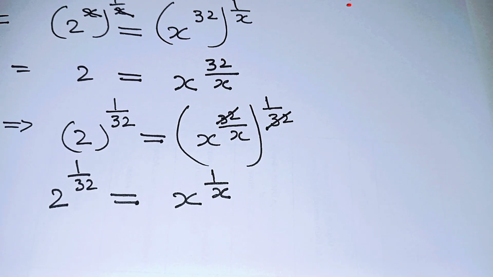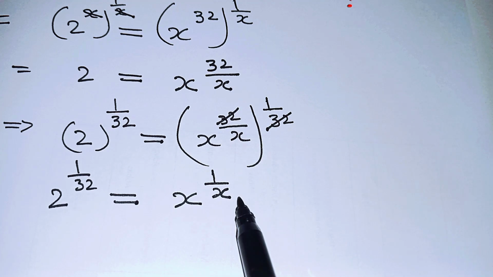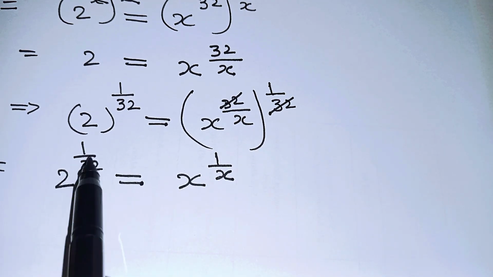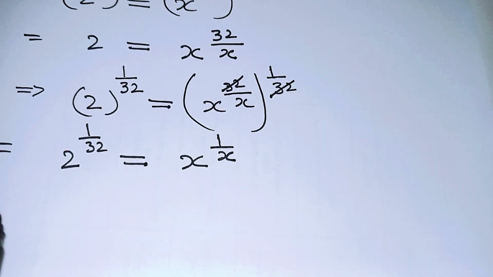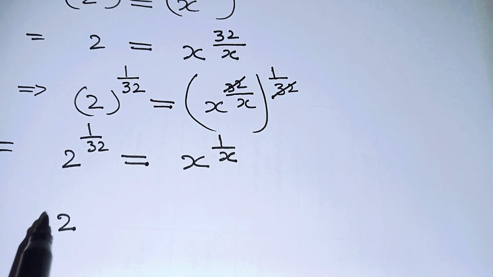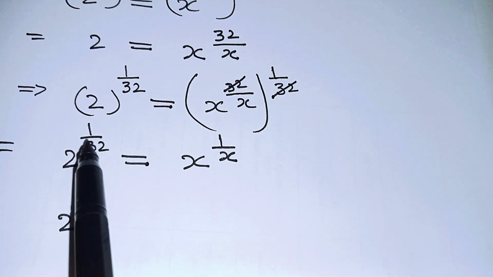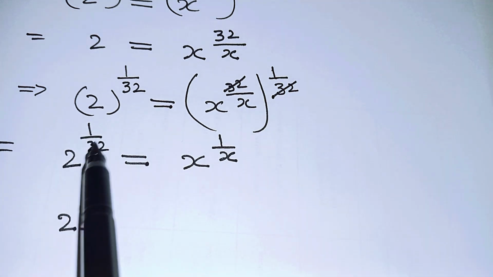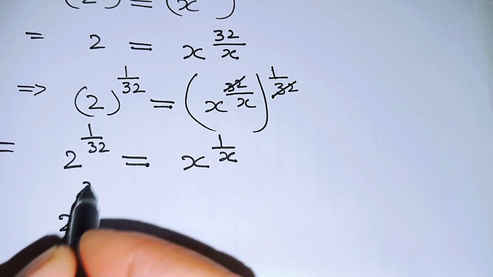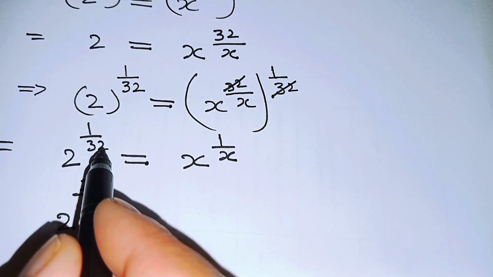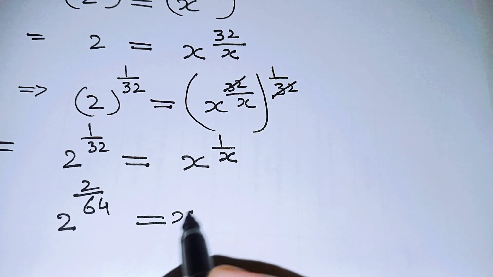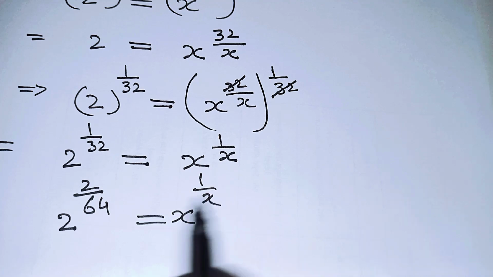Because of the same base and same power, we should try to get the same base and the same power. So here we multiply 2 with this exponent 1 over 32, so 2 ones are 2, and over 32 times 2 is 64, is equal to x to the power of 1 over x.